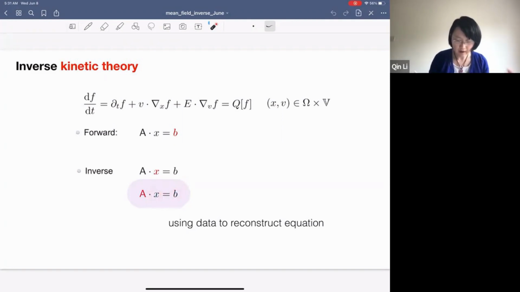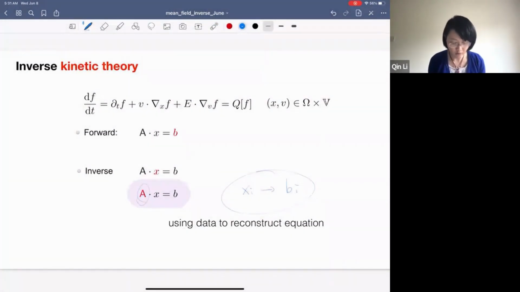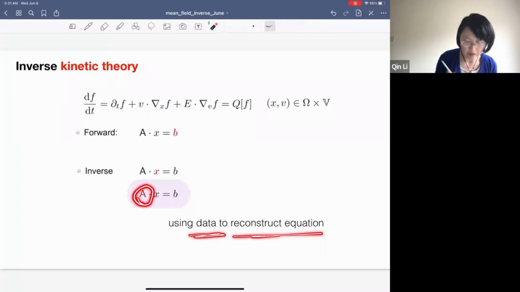So if you prepare me a lot of input and output data pairs, hopefully I can use these data pairs to reconstruct the whole matrix. So this is a much more complicated problem, but nevertheless, let's try to target this problem. We're trying to use the data to reconstruct the operator itself.